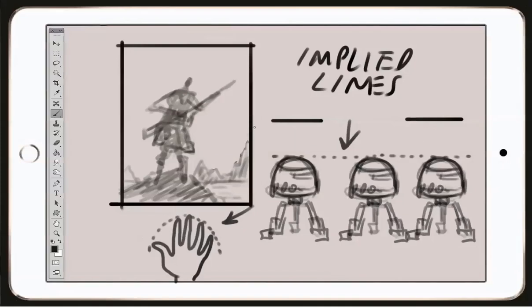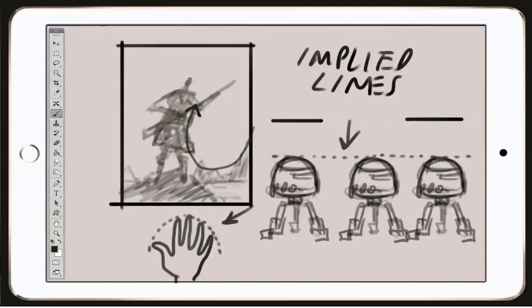Now this implied line or invisible line has a direction moving toward the figure. Remember what I said, that these implied lines need to lead to the center of interest, which in this case happens to be the figure.